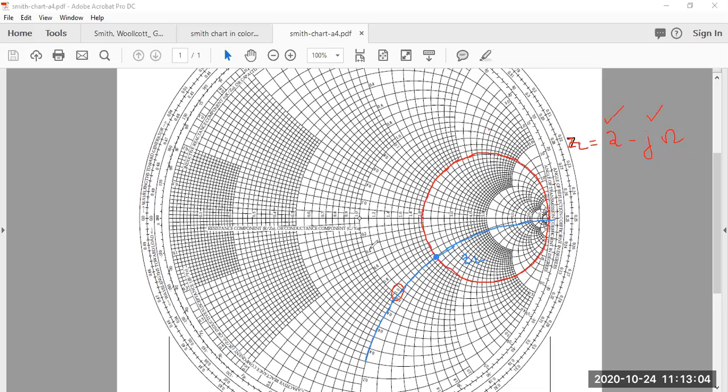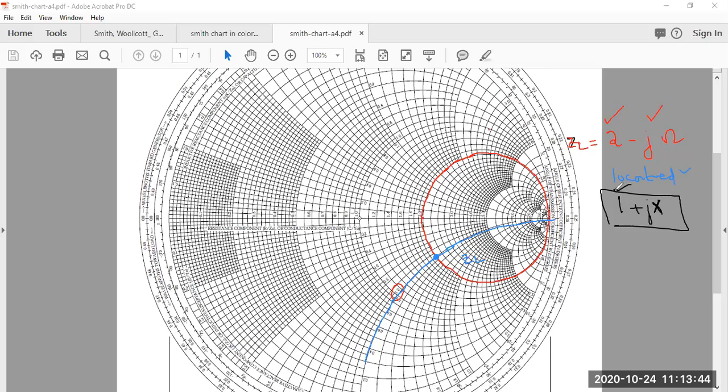Now, what was the second task once you locate ZL? We have done our first part, we have located it. Now we need to find the location with respect to the 1 plus jx circle. Whenever I use this terminology, 1 plus jx circle, I'm talking about the circle for which the resistance value is 1 but the reactance value is changing.